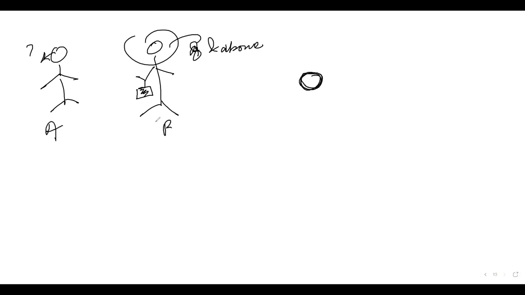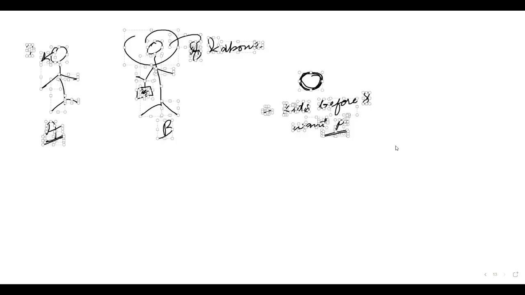This A child or B child? A will want. Okay, so remember this: kids before 8 want pi. Now delete this. Just remember, kids before 8 want pi.